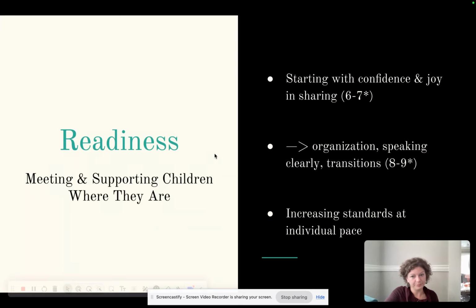So as far as readiness and what we're sort of hoping and expecting from each age group or child, we're starting by just trying to first get them feeling confident and joyful about sharing. And so we're not really nitpicking about the details too much, as long as they're not saying misinformation.